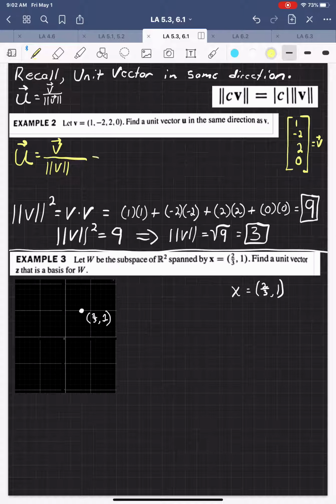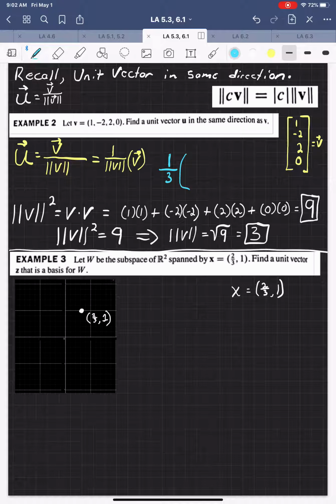So this is the definition. I don't like to think about it as a fraction. I would rather think about it as 1 over the magnitude of v multiplied by v. In my opinion, that's a much better way of thinking about it. So let's go ahead and put everything where we need it to be. So 1 over the magnitude of v, that would be 1/3.